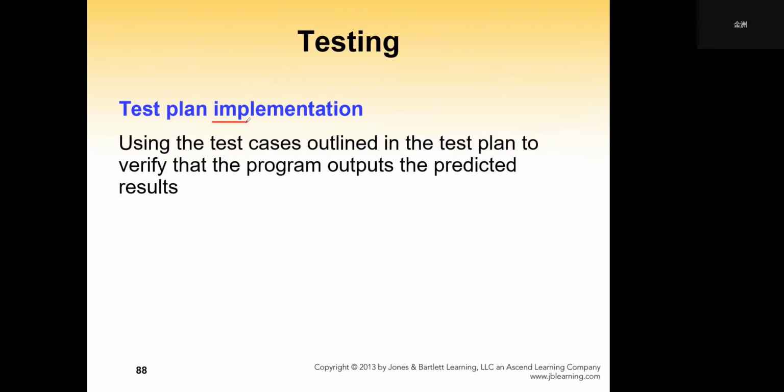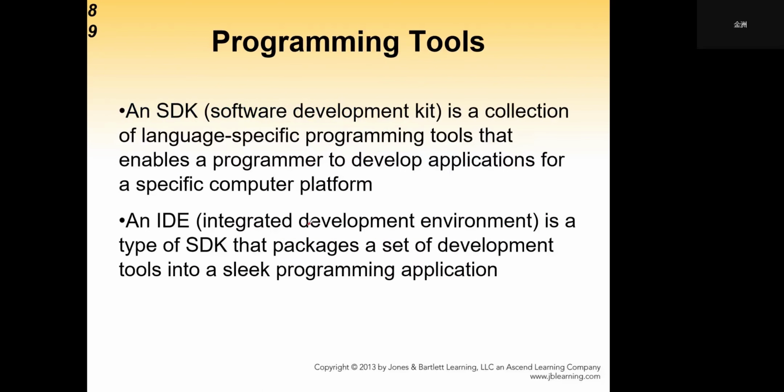Then we need to implement the test plan, right? We use the test cases outlined in the test plan to verify whether the program outputs the predicted results or not.